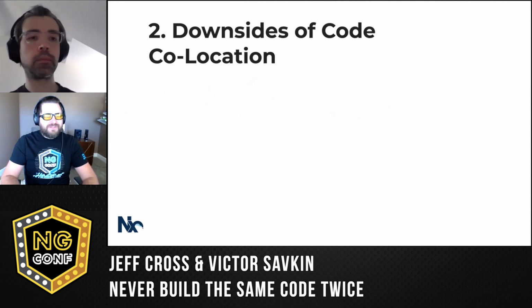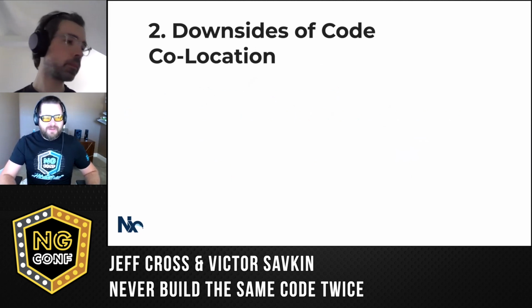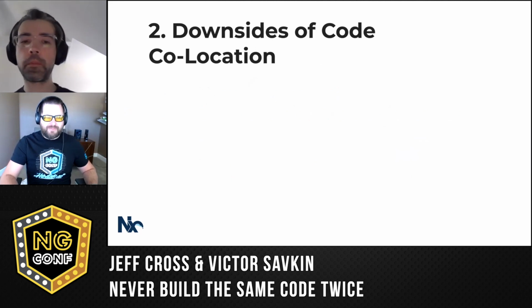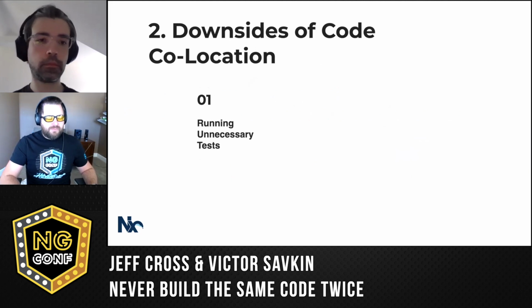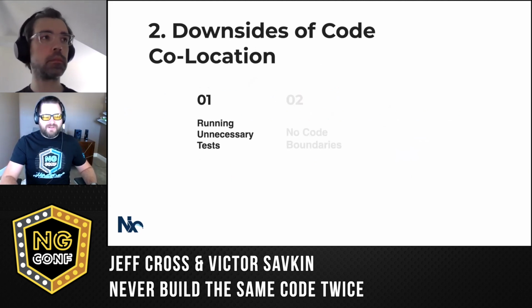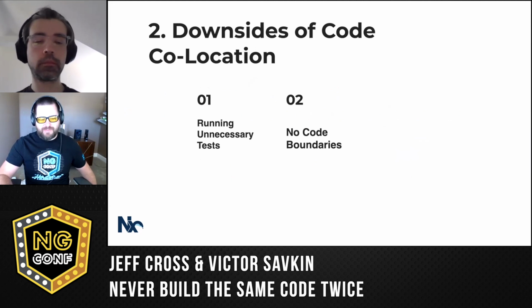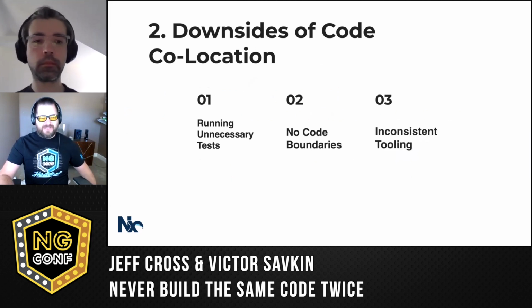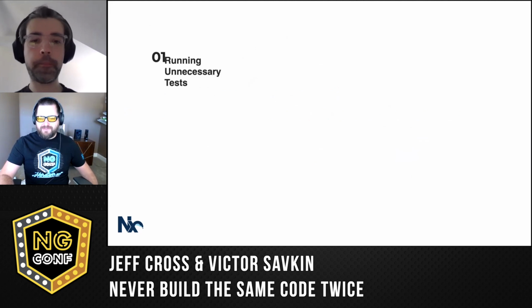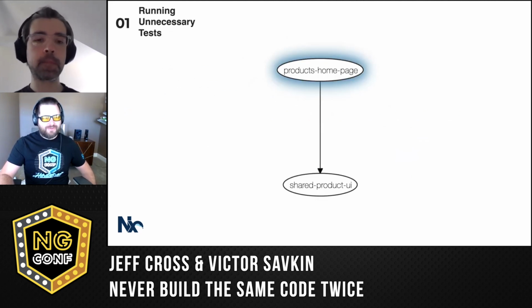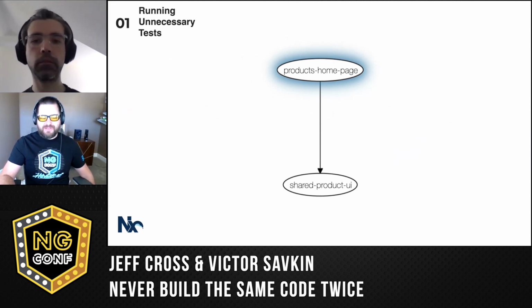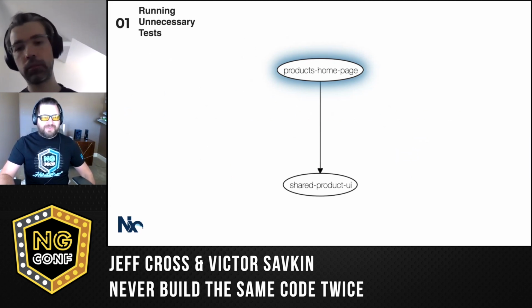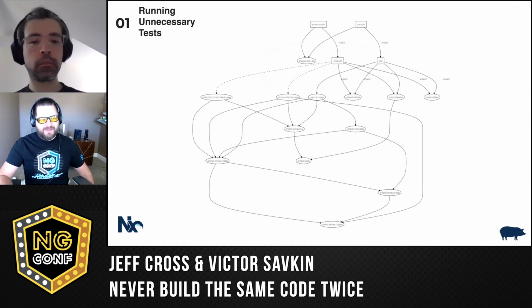So let's look at some of the typical downsides of when you have code living in the same repository. One is that you run unnecessary tests. If you have many things in the same repository and you're testing everything every time, that can get expensive. If I have this product's homepage that depends on a shared product UI library, then those are only two things in this workspace.